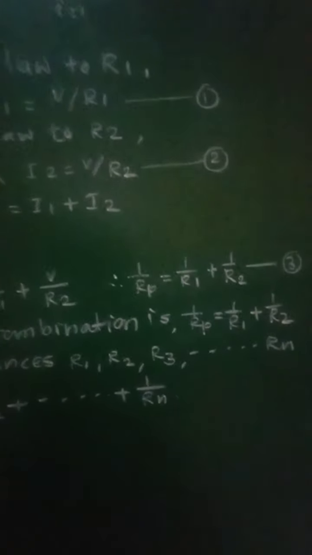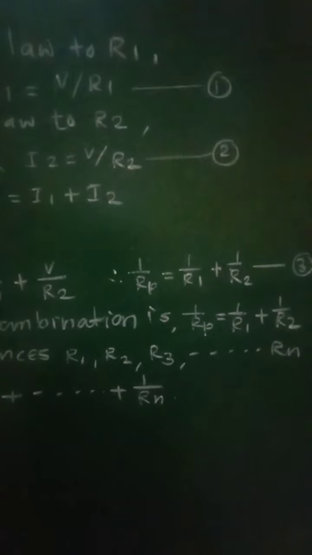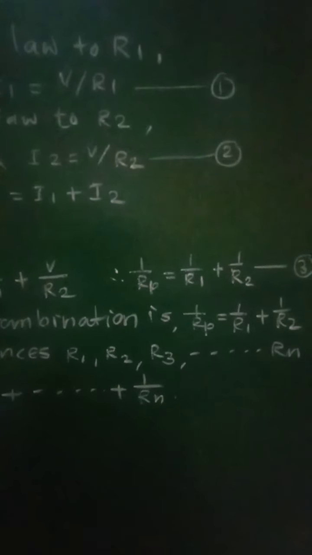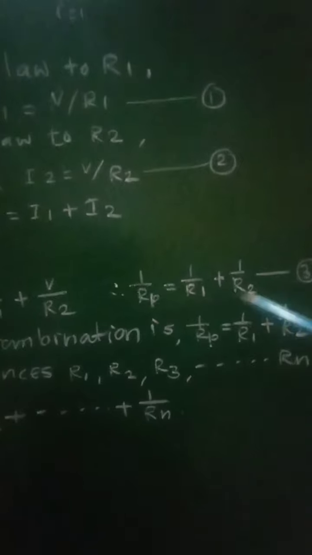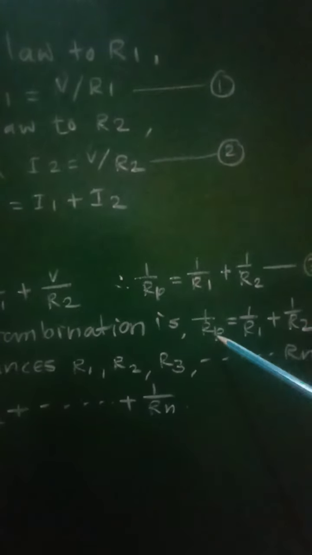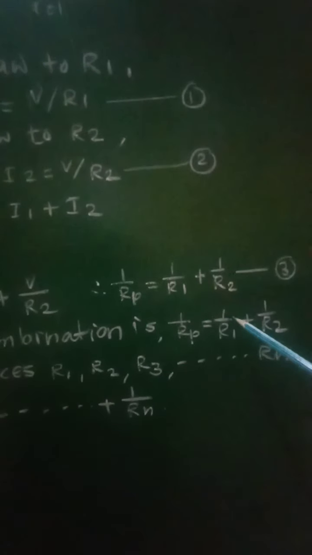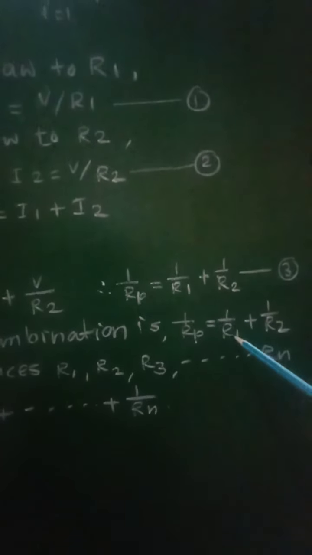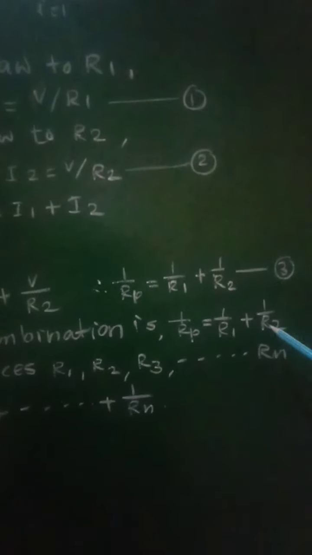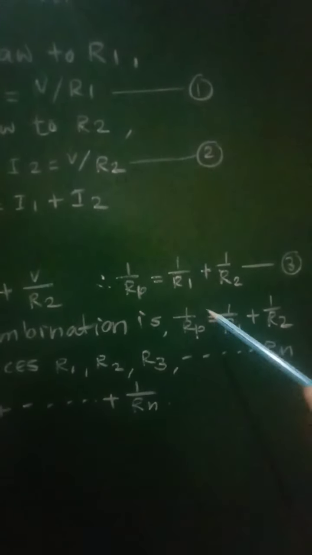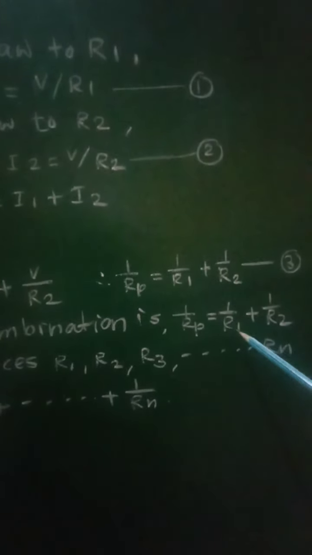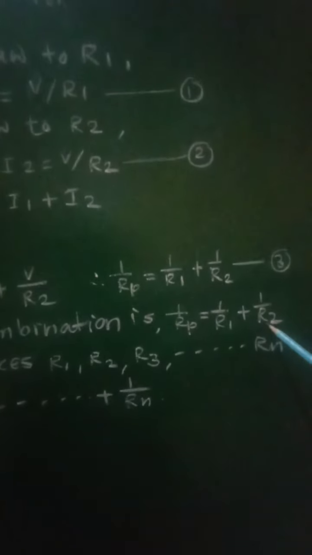That means the reciprocal of the equivalent resistance of parallel combination is equal to the sum of the reciprocals of all the individual resistances. That is 1 upon Rp equal to 1 upon R1 plus 1 upon R2.